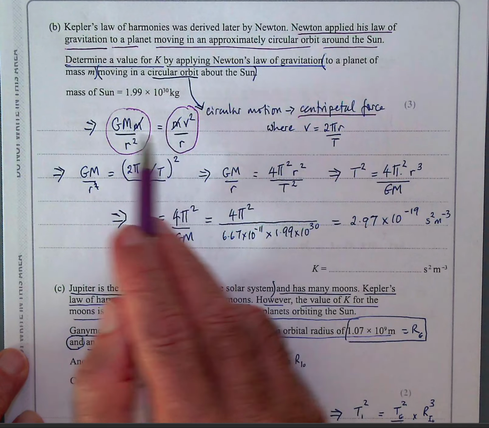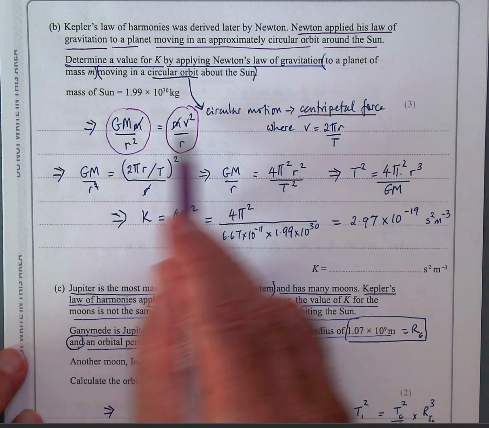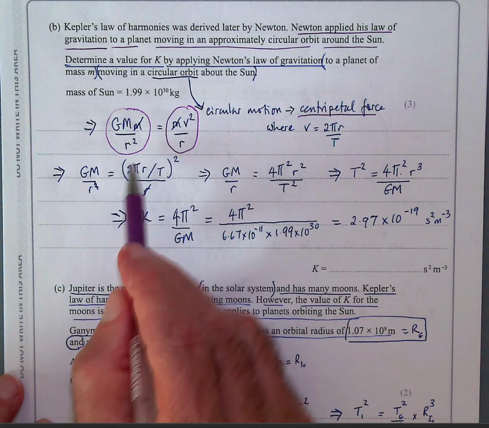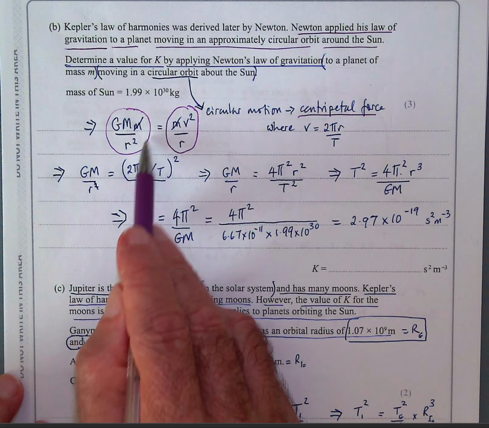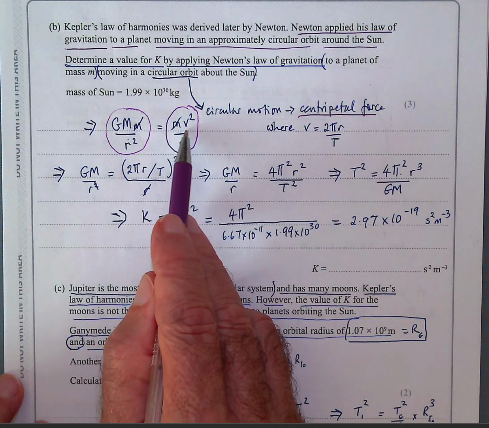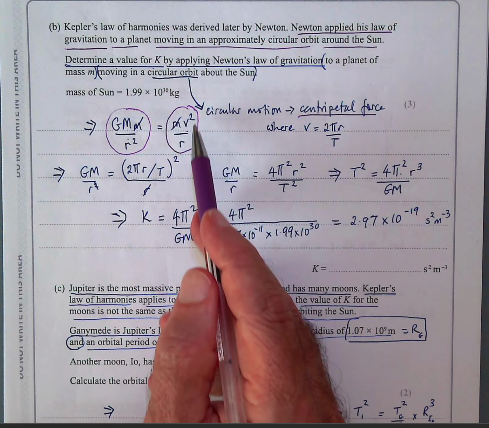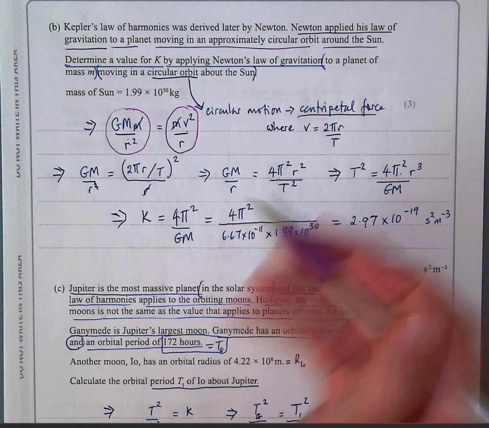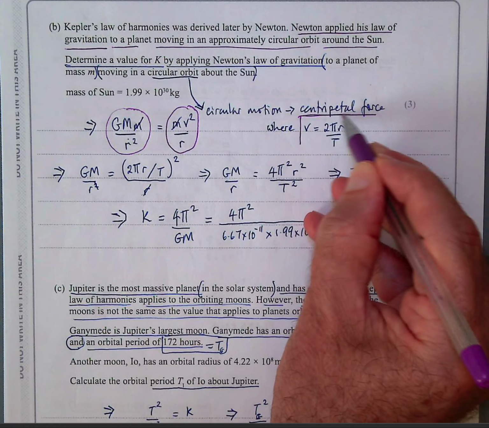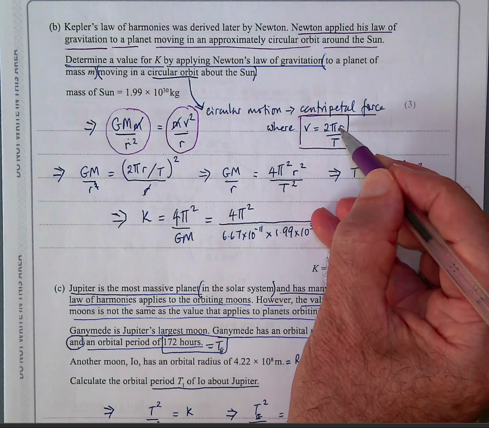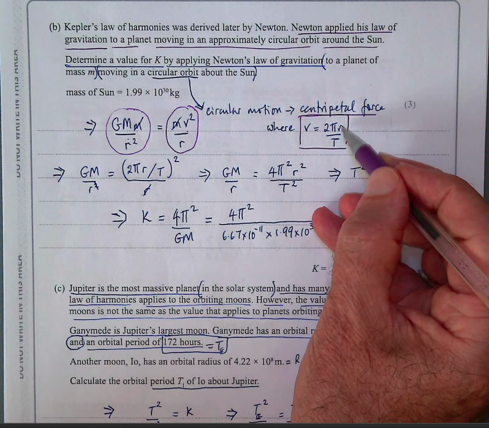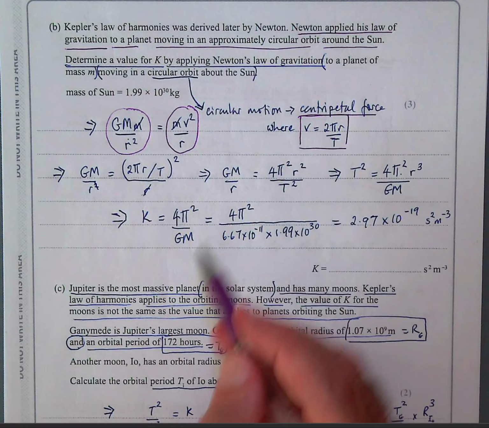You can equate the centripetal force to Newton's law of gravitation force, towards the center of the circle, which is mv squared over r, where v equals 2 pi r over T, the circumference of the circle you're traveling around over the period of orbit.